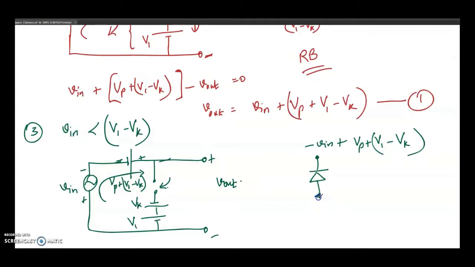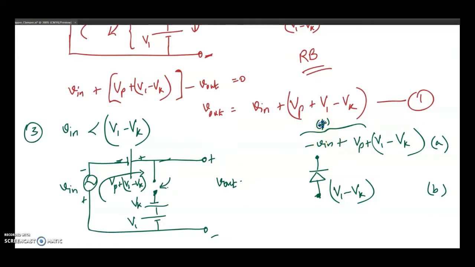Okay, and at this end of the diode, as you can see, it is V1 minus Vk. Which one will be greater? Voltage at A or voltage at B? Voltage at A is equal to voltage at B plus Vp minus Vn. This is a positive value for sure because Vp will always be greater than Vn.